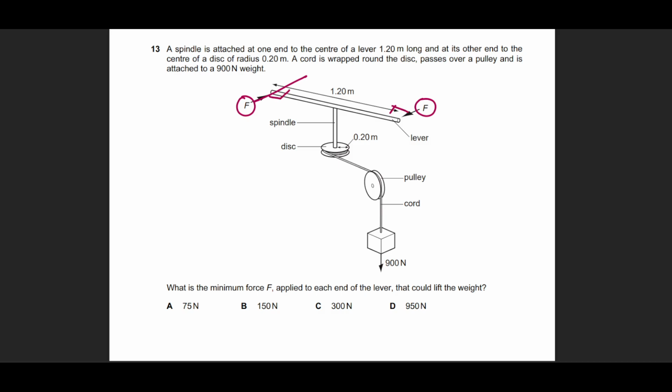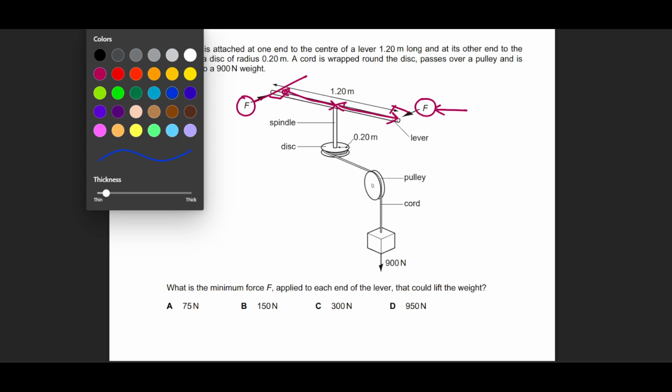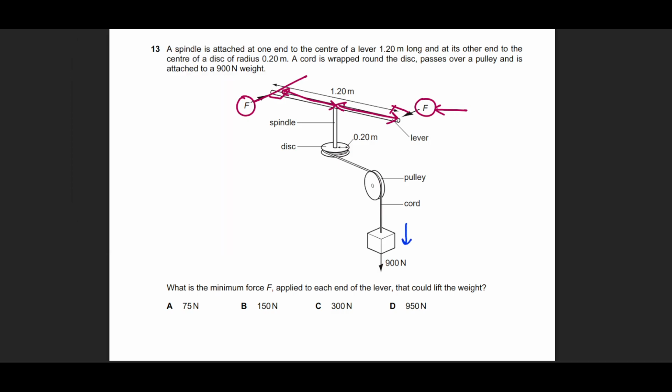So this side is actually experiencing torque. So if you don't want to visualize it as torque, it doesn't matter. You could have taken the distances up to the pivot and then added them together. You will get the same answer. So the system that is trying to stop this from falling down is this F, and the system that is trying to fall down or go downwards is this one.